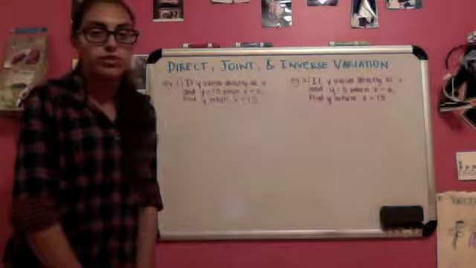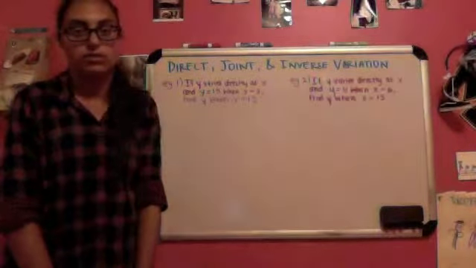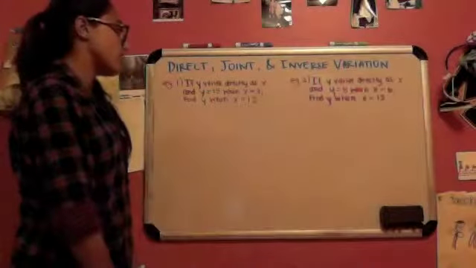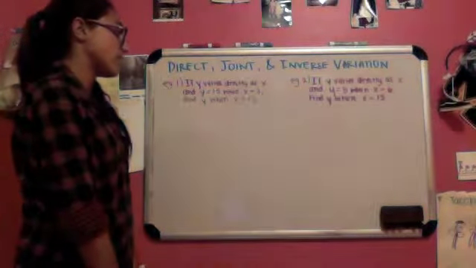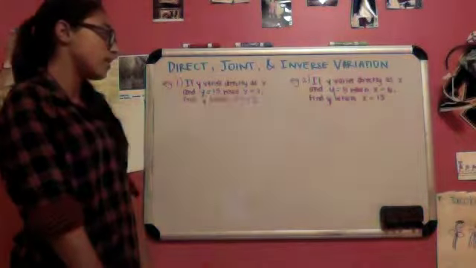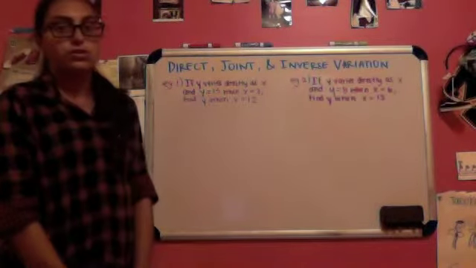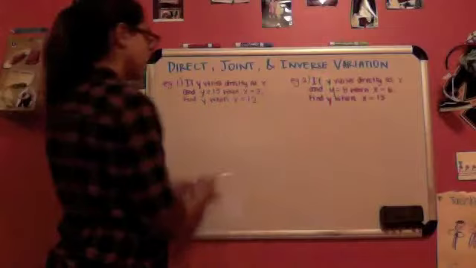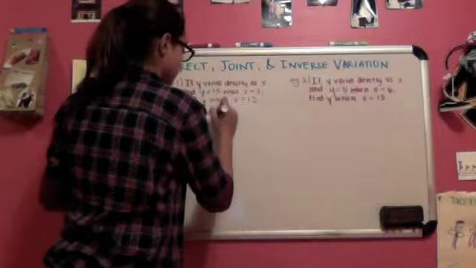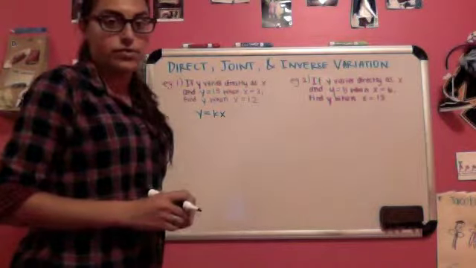So now we have our examples for direct variation, and we have to solve them. The first one says, if y varies directly as x and y equals 15 when x equals 3, find y when x equals 12. The first thing we do is y equals kx, because that's the equation, and plug in the numbers for the variables.